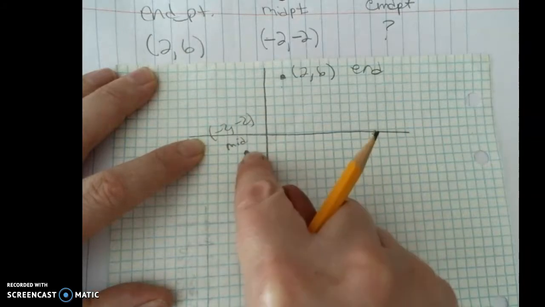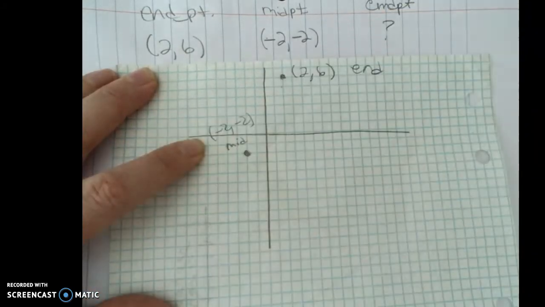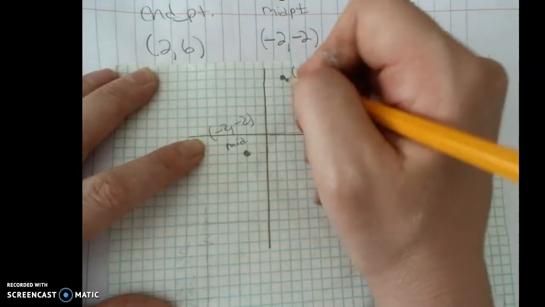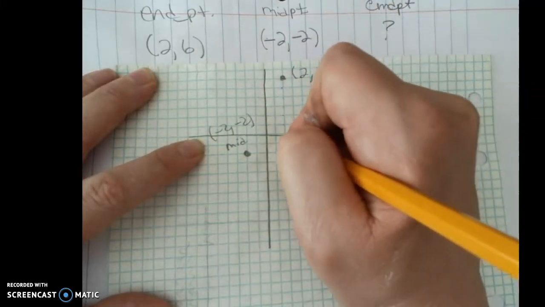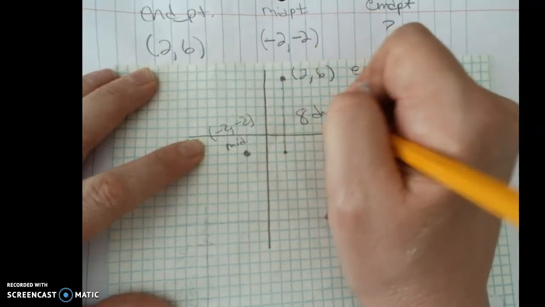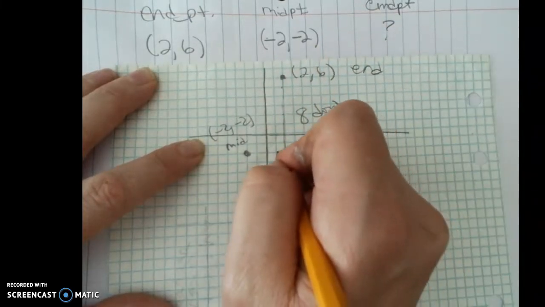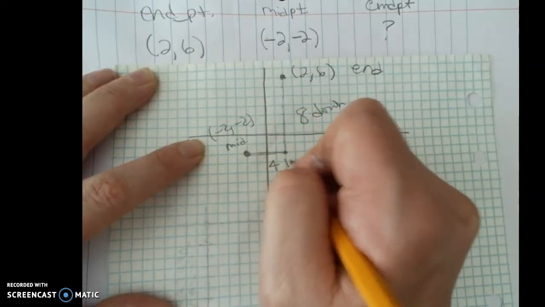The easiest thing is, you know that this is going to follow the same path. I could even use a ruler to do that, but for now I'm just going to count: 1, 2, 3, 4, 5, 6, 7, 8, so I'm going to go 8 down. Then I'm going to go 1, 2, 3, 4 over, so 4 to the left.